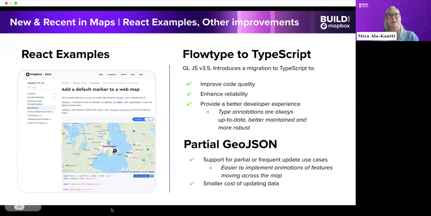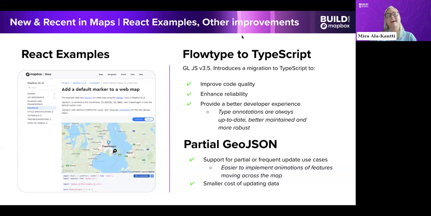First up, we have the addition of React examples to our documentation. You can now find the React toggle in our very popular examples in the GL JS docs, which will show you how to perform the use cases using React without a wrapping library. Each of these React examples also contains an edit in CodeSandbox button, which enables you to extend your experiment and example code in a controlled environment.